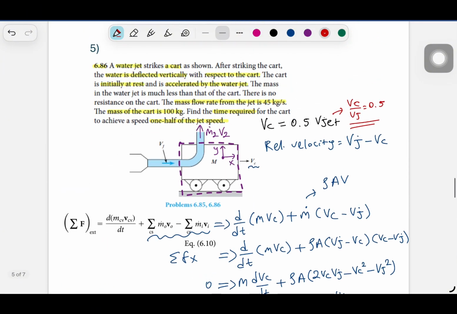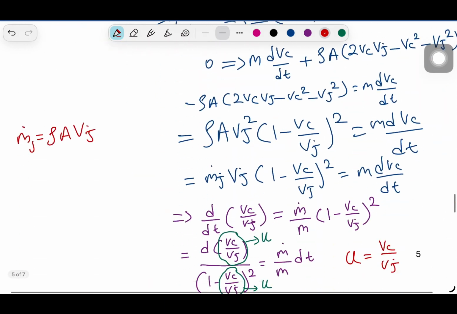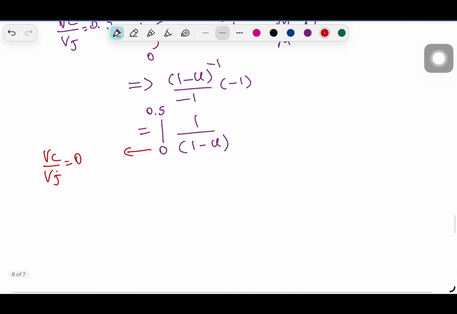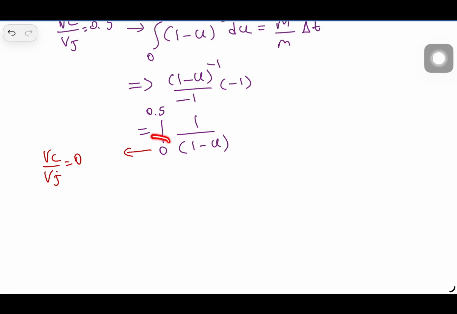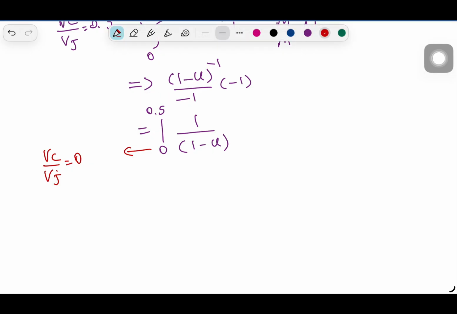In the question, it is saying that the kite is initially at rest, which means at t is equal to 0, we will have Vkite equal to 0. So this 0 is coming from being initially at rest. And then it says that the velocity of the kite will be equal to half of the velocity of jet. This also means Vc over Vz is equal to 0.5.